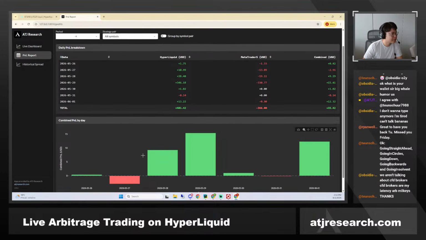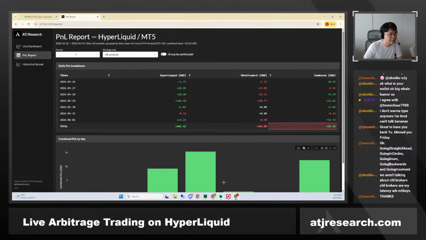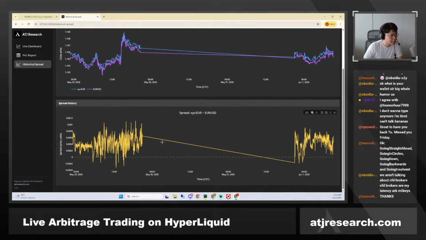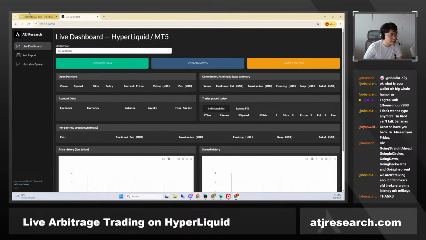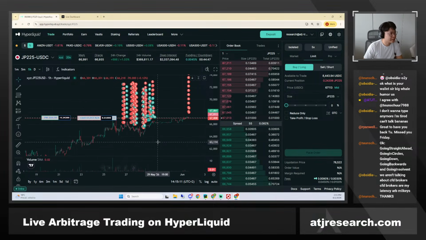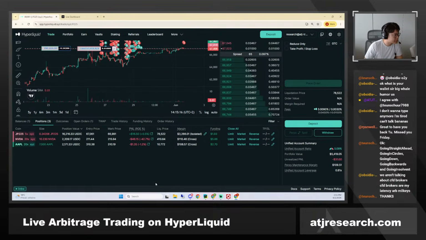Here we can see that the realized PNL since last week is plus 35 US dollars. I still have to check with MT5 to double check, but it looks like we're up $35. That's great. And then we have the historical spread app. So these are the three things. Plus, you can also download my apps now. Anyone who wants to try, please let me know. I'm excited to share that strategy.